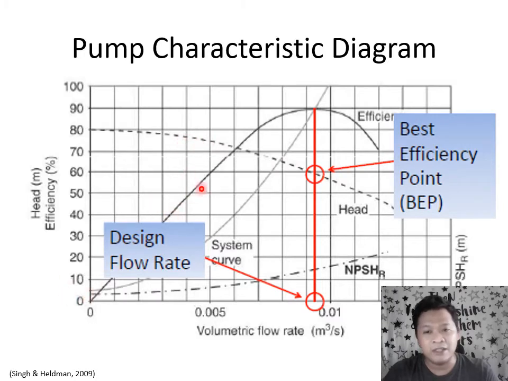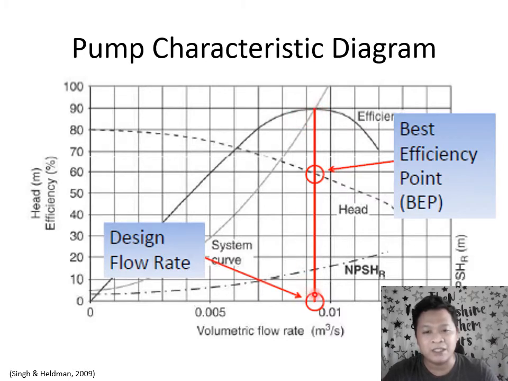Then we also have the efficiency curve, which tells us basically saan yung optimal range na gamitin yung pump. So if you're designing a pump, you want to match it to the flow rate at the best efficiency point, which is yung peak ng efficiency curve.